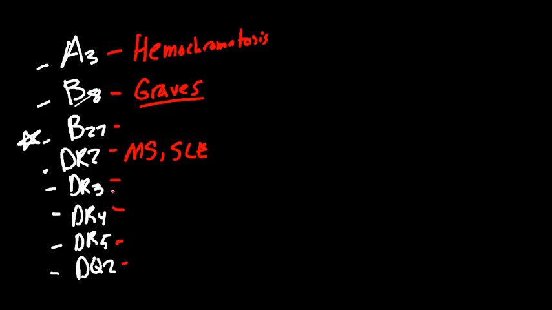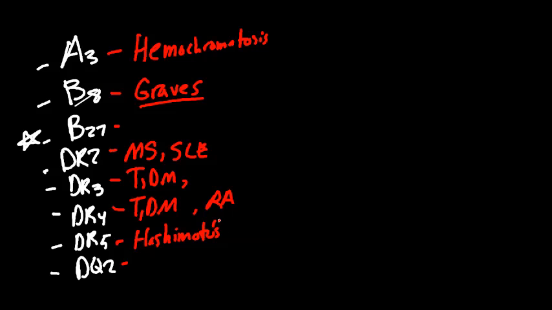Then you've got DR3, that'll give you type 1 diabetes, typically later onset type 1 diabetes, but you may also have DR4, that's in association with type 1 diabetes, more of an earlier acute onset, so earlier in the developmental process. Also rheumatoid arthritis. DR5 is associated with Hashimoto's thyroiditis. DQ2, Dairy Queen 2, is going to be celiac disease.